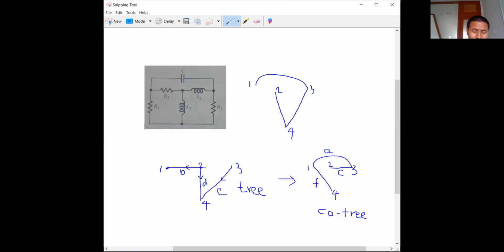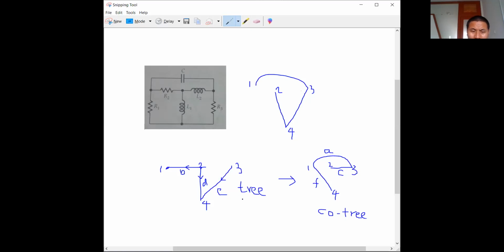In order to call it a tree, all the nodes should be connected and there shouldn't be any closed path. So we are connecting node 1, node 2, node 3 and node 4, and the branches which connect the nodes are called the twigs. That is the network term; here B, D and E are called the twigs.